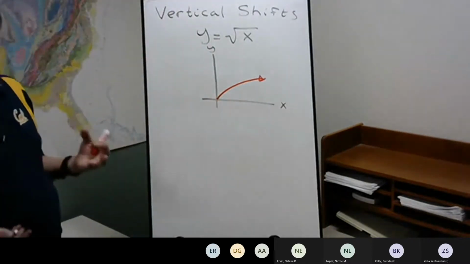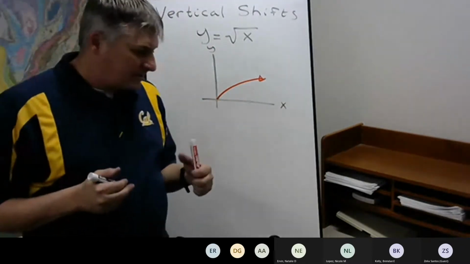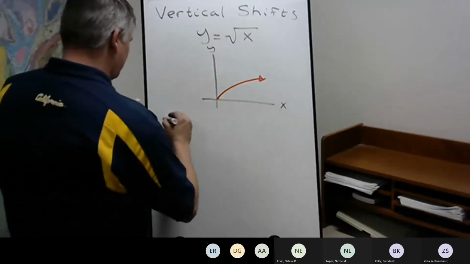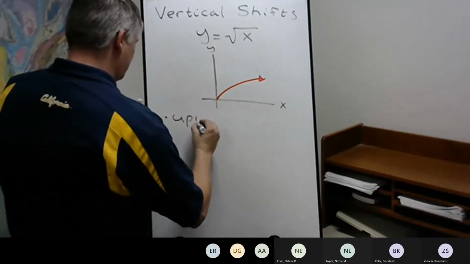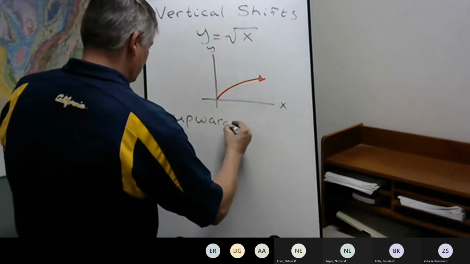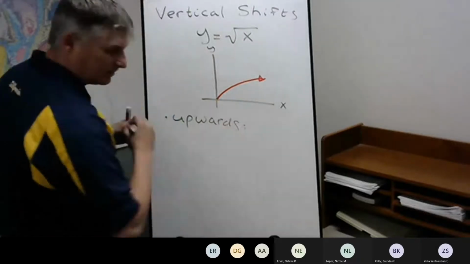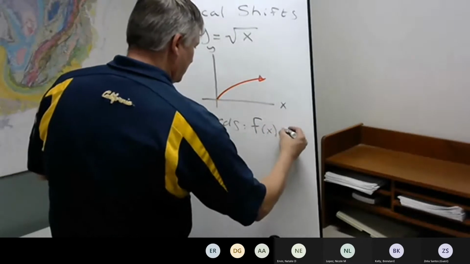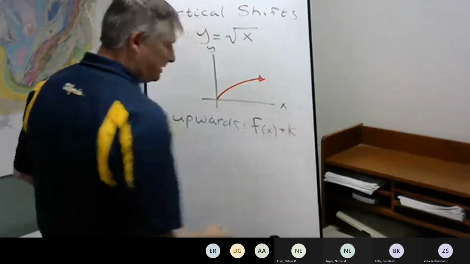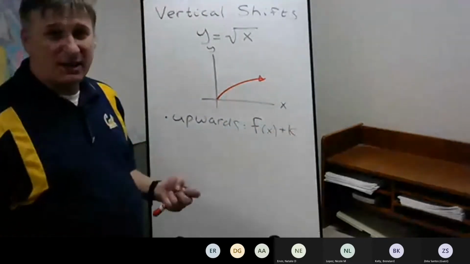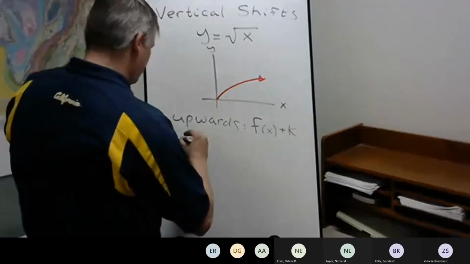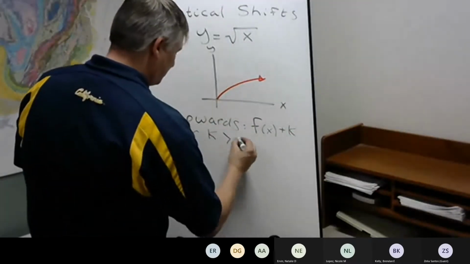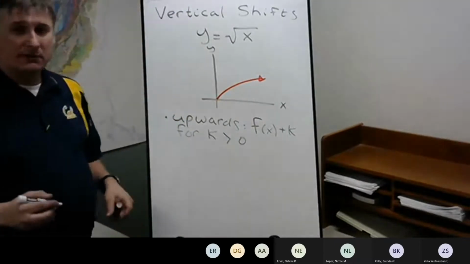So that's basically our square root of x. Now, for the vertical shift, if we're going to shift upwards, we're going to take our function and add some constant k. And here, we're going to want k greater than 0.